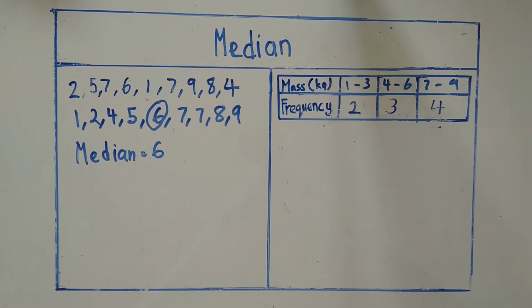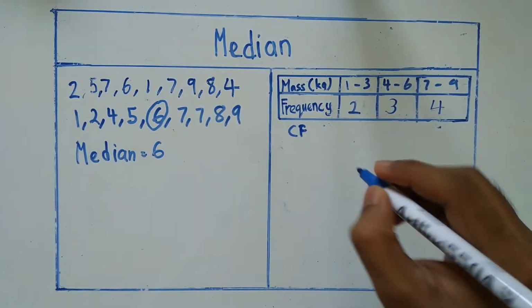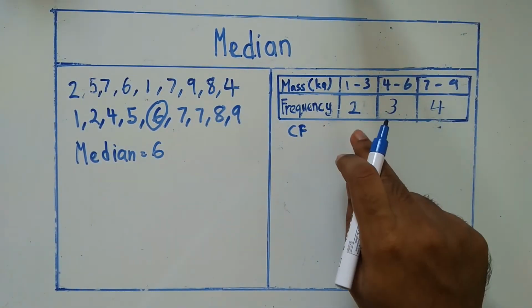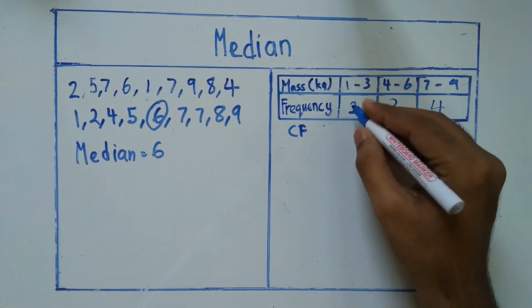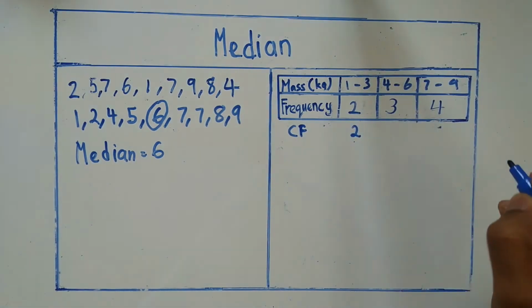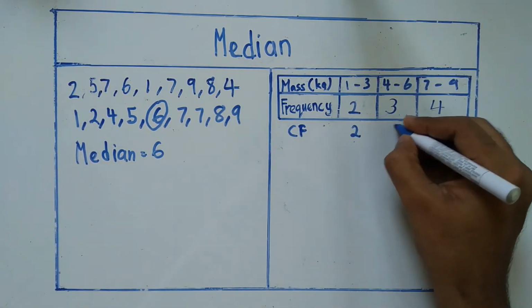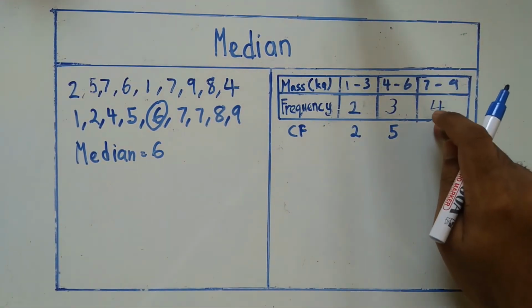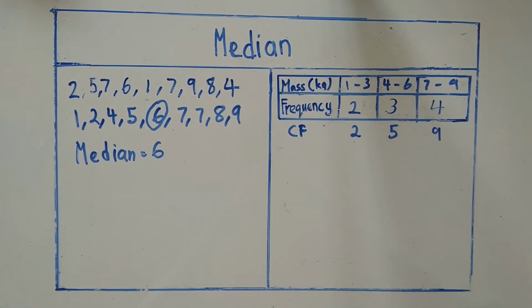To calculate the median of grouped data, we need to obtain the cumulative frequency first. To calculate the cumulative frequency, we need to add the number before each class. Since this is the first class, we'll put it as 2. In the second class, we add 3 to 2 to give 5. In the third class, we add 4 to 5 to give 9. Then we calculate the median using the formula.